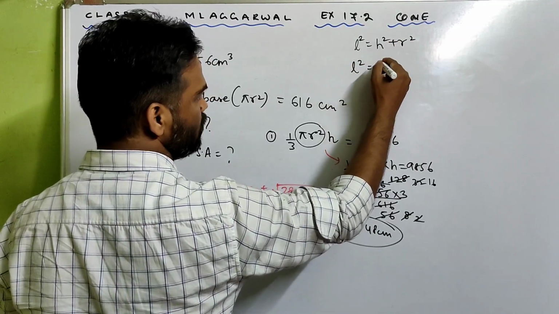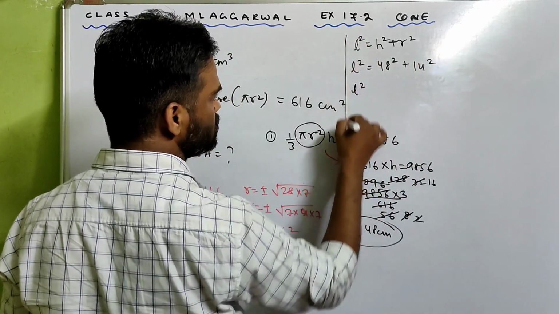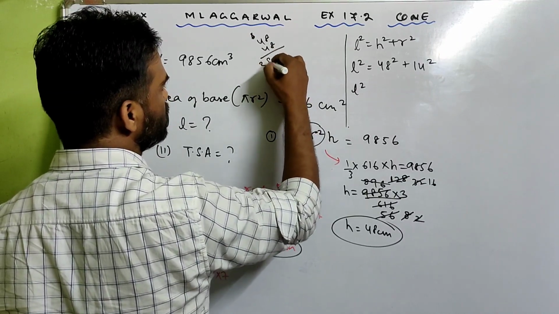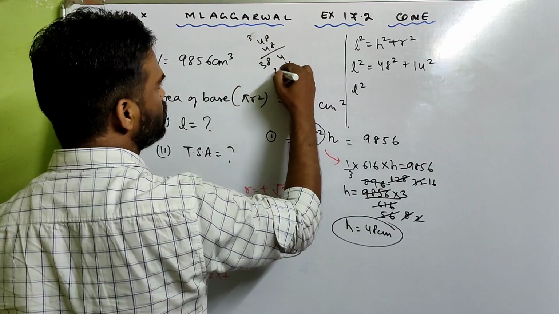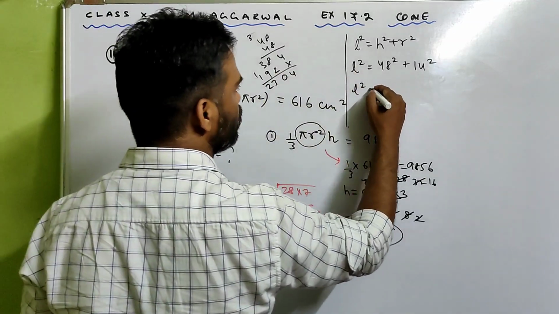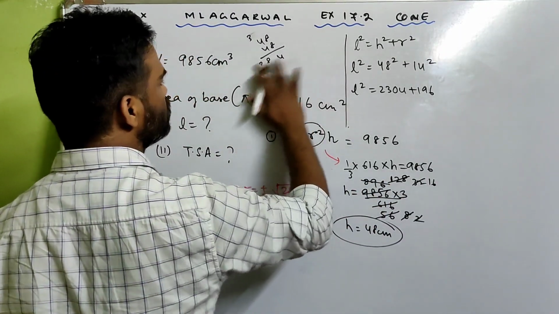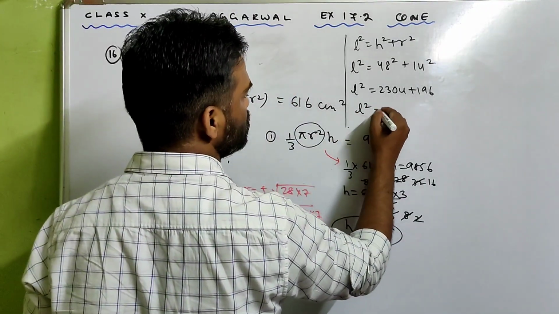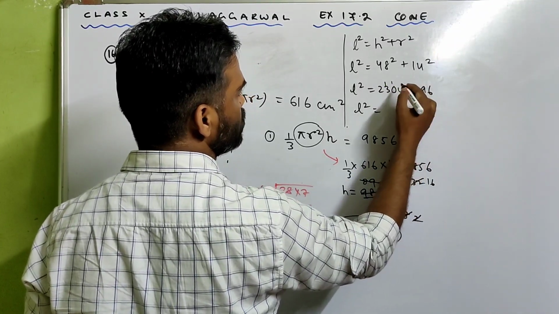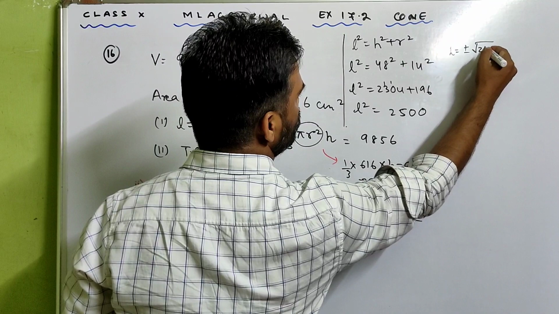So L square is 48 square plus 14 square. 48 square is 2304, plus 196. 2304 plus 196 is 2500. So L will be plus minus root 2500.